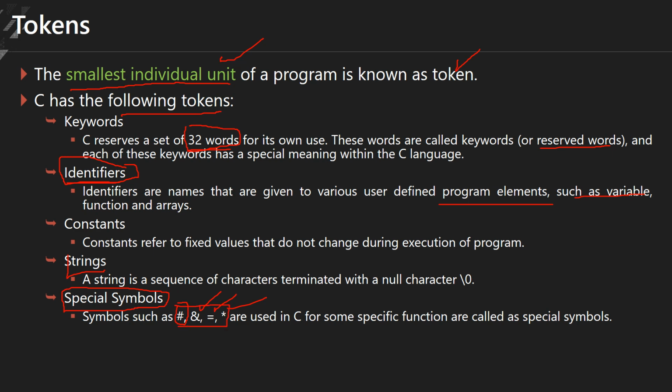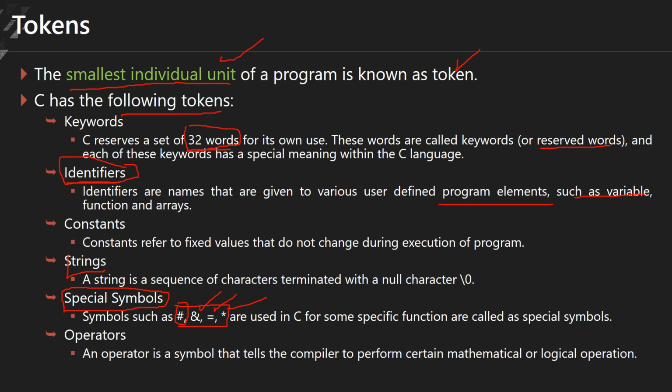You use some other symbols also in C. This all comes under special symbols. Another term is operators. An operator is a special symbol that tells the compiler to perform a certain mathematical or logical operation.